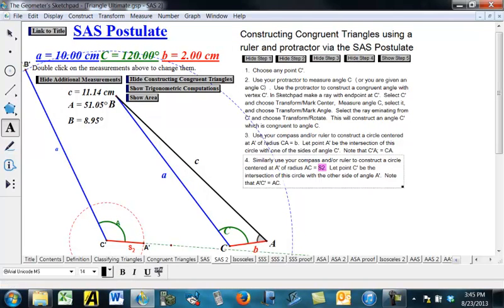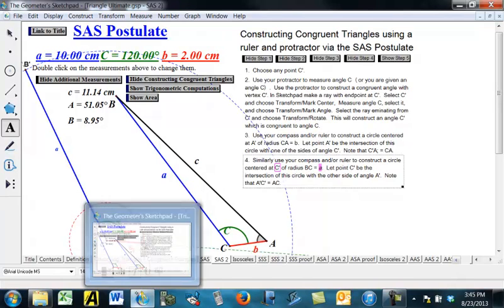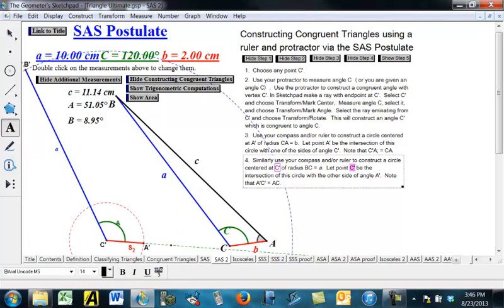Okay, and so we want the distance from B prime to C prime to be the same as from B to C. And of course B to C, we're calling that distance A. And let B prime be that intersection point.